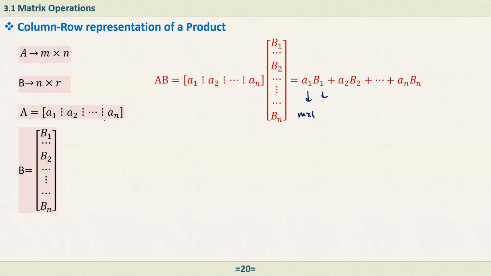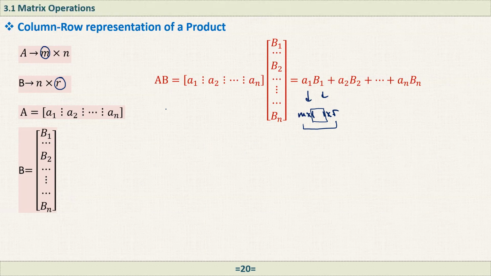And how about B1? B1 is a row vector, so its size is 1 by r. That means that here we can multiply these two matrices. And the size of the result will be m by r. See here we have m by r, right? And if you just add all of these matrices together, we will get the product of AB.